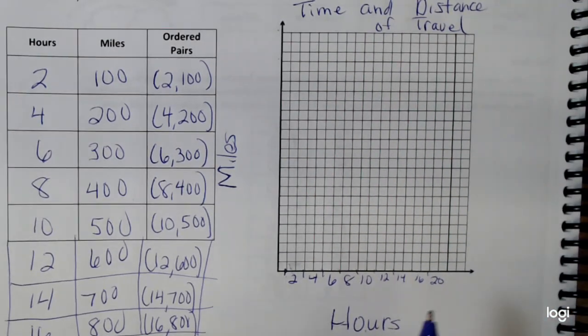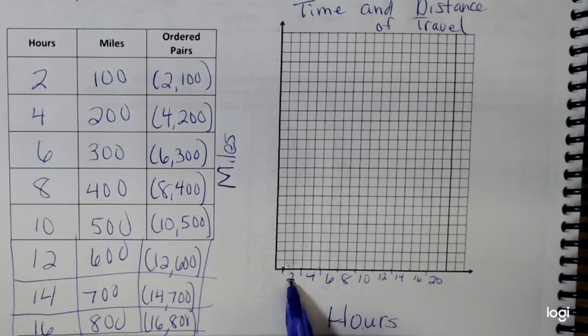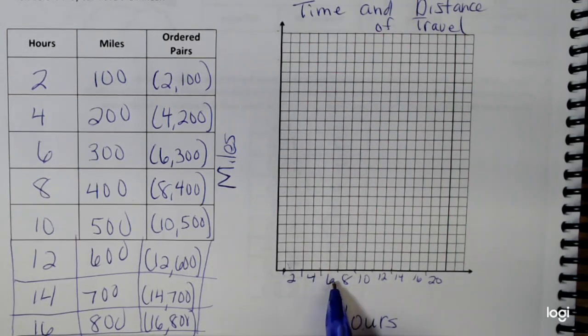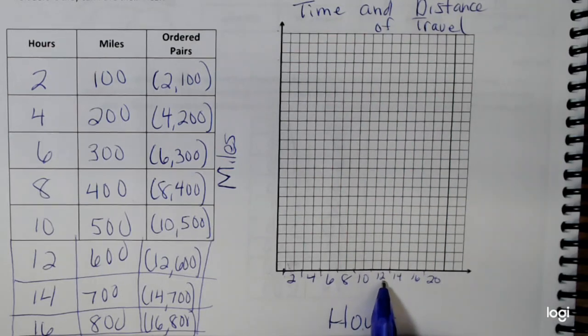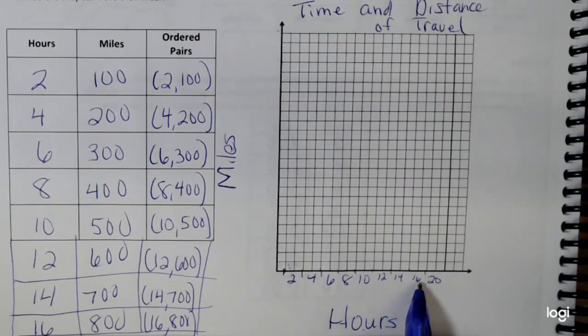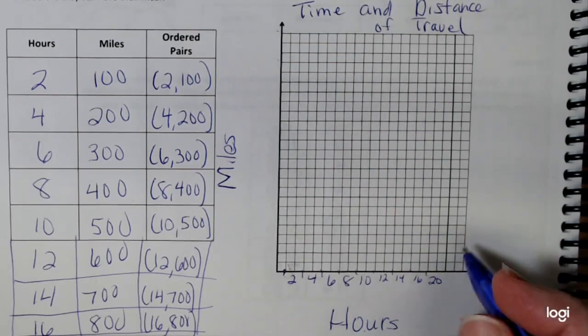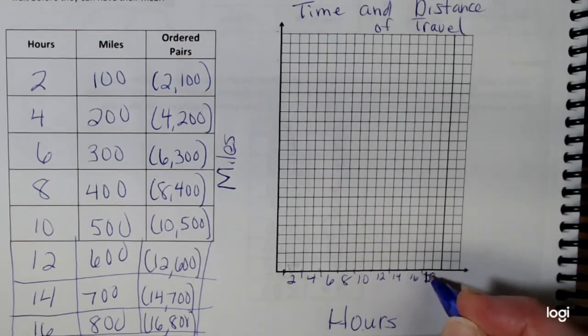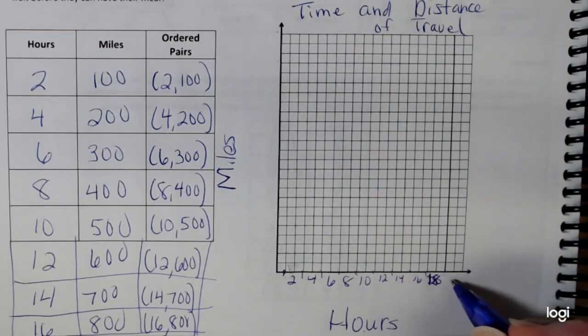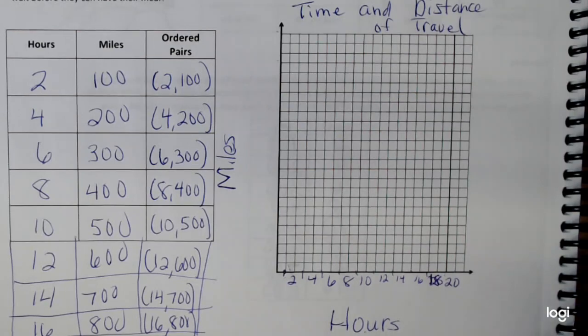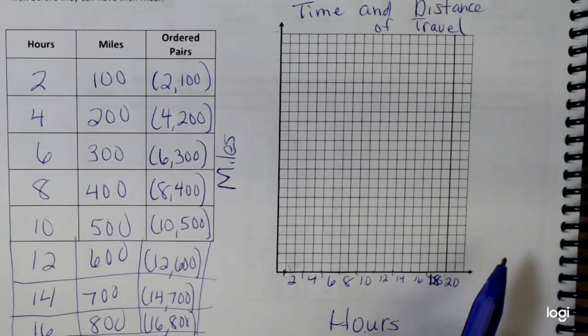So I kind of skip counted here. I did 2, 3, 4, 6, 8, 10, 12, 14, 16, and I need to make this an 18. Boy, I'm having some issues here. And then 20. Okay? Very tiny line, so it's kind of hard to write here.